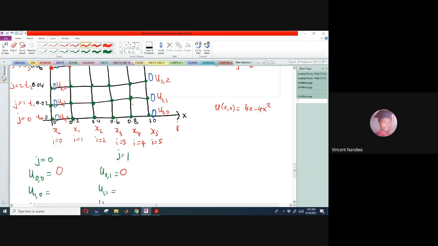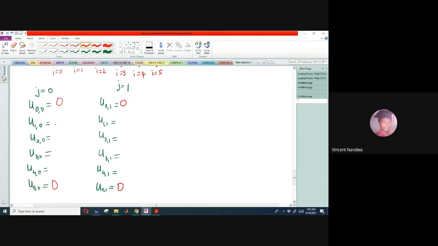When we replace 0.2 in this function, we have 4 times 0.2 minus 4 times 0.2 squared. That gives us 0.64.